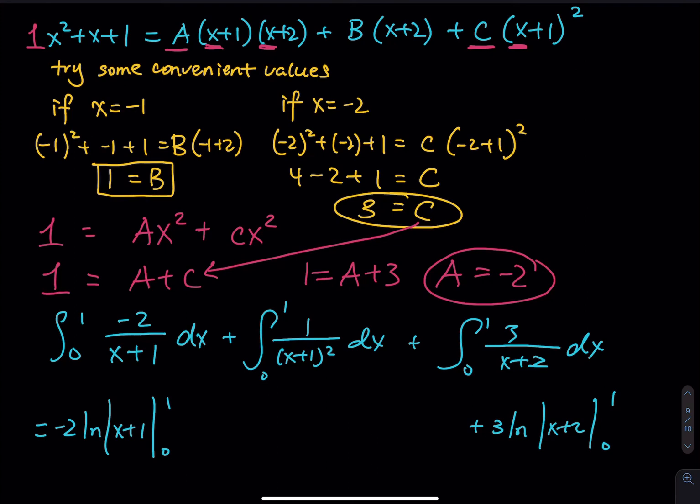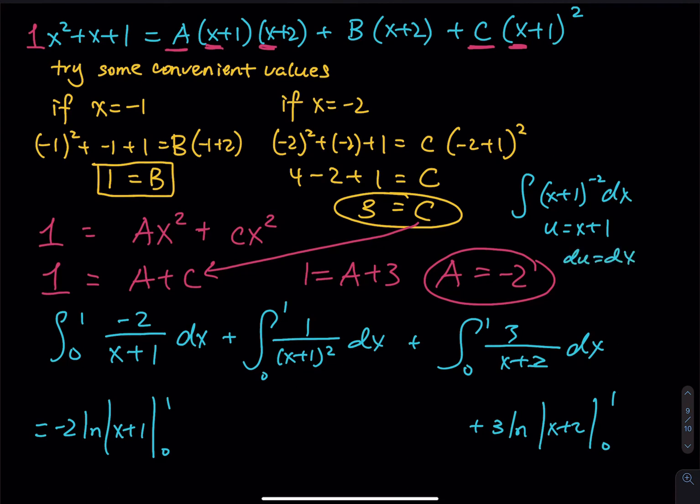What about the middle? The middle, you have like the integral. So in the middle, you have integral x plus 1 to the negative 2 dx. Why don't you let u equals to x plus 1 and then du is equals to dx, right?